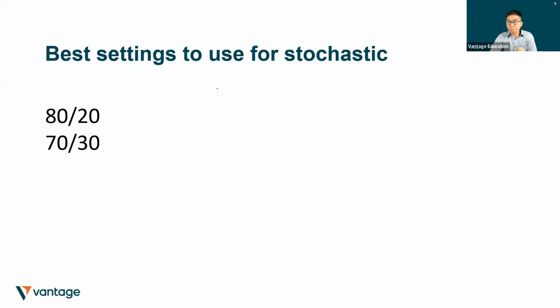What are the best settings to use for the stochastic oscillator? Let's jump right in. The usual ones are 80 and 20. The stochastic oscillator tells us when the market is overbought or oversold. The stochastic is scaled from 0 to 100.